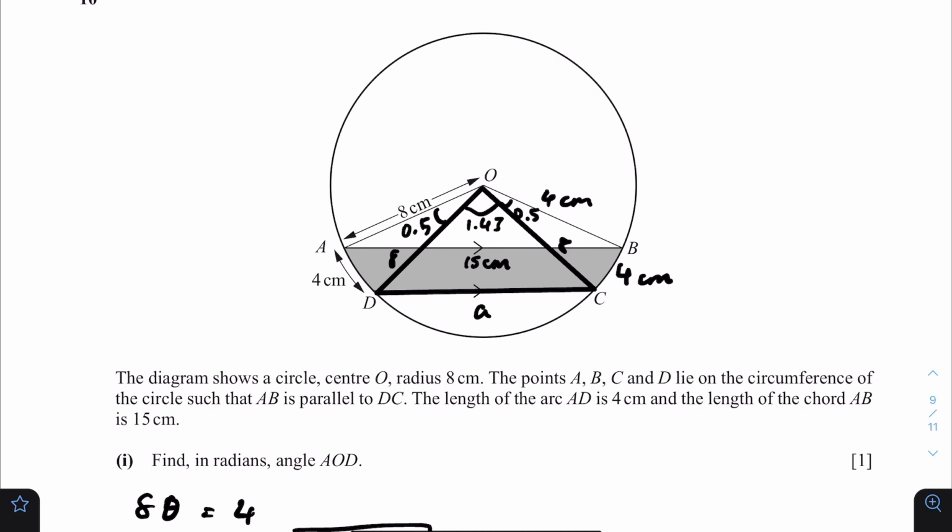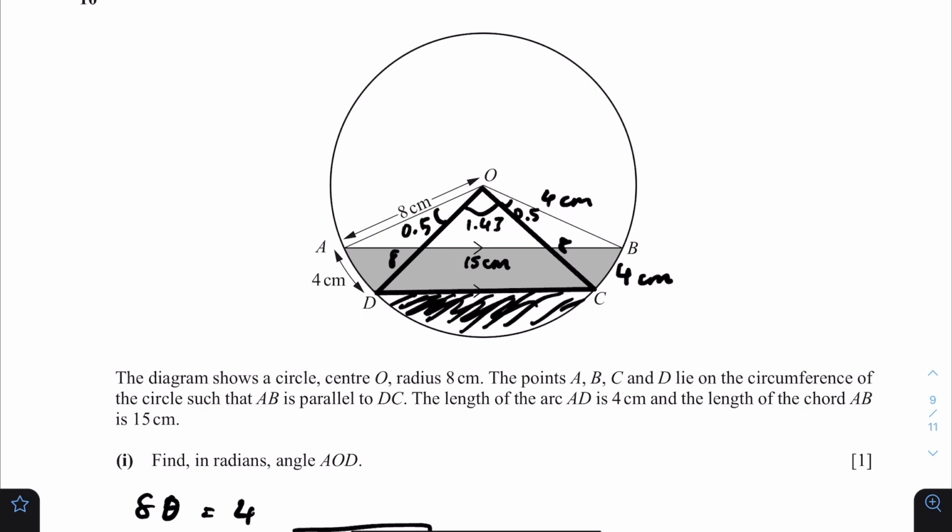So we could break this up into several parts. What we could do is find the area of this part. Let me just get rid of the A. Find the area of this part. Then we can find the area of the sector, the area of the triangle, and then subtract the area of the triangle from the area of the sector, and subtract this shaded area too as well.